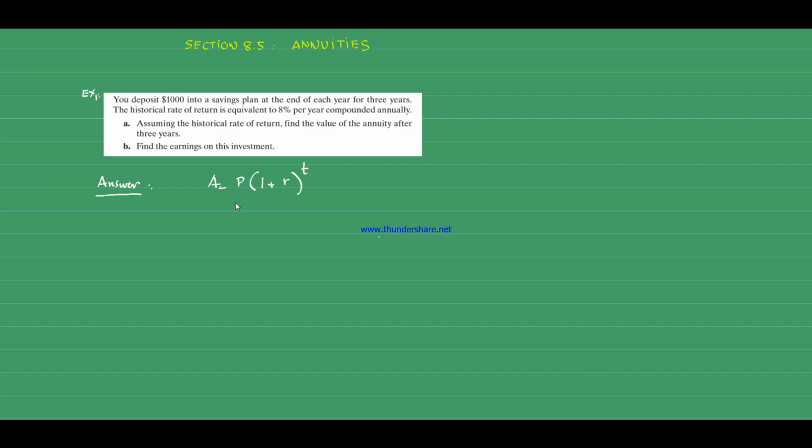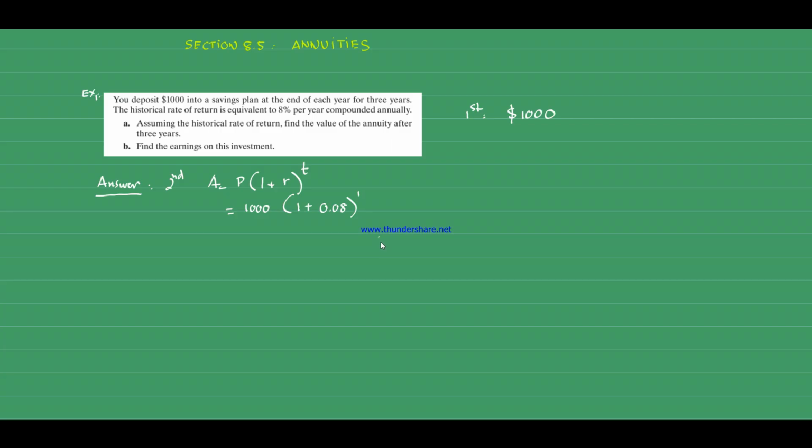Now we have $1,000, so the first year is $1,000, because you deposit $1,000 into the investment in the first year. Then on the second year, we calculate it based on the $1,000 you put in, with the interest, 1.08 raised to t, where t equals 1 after the first year.